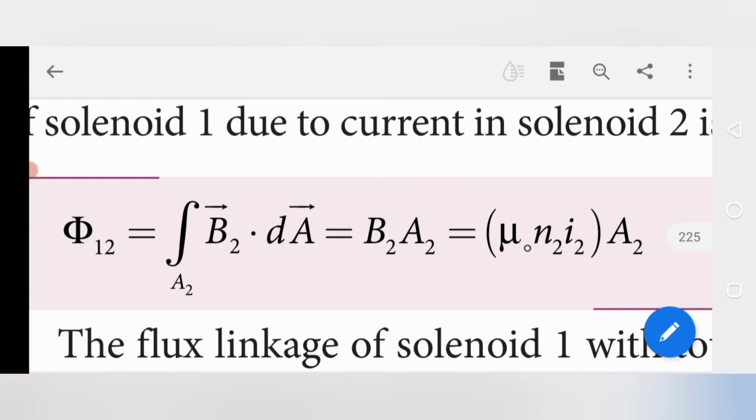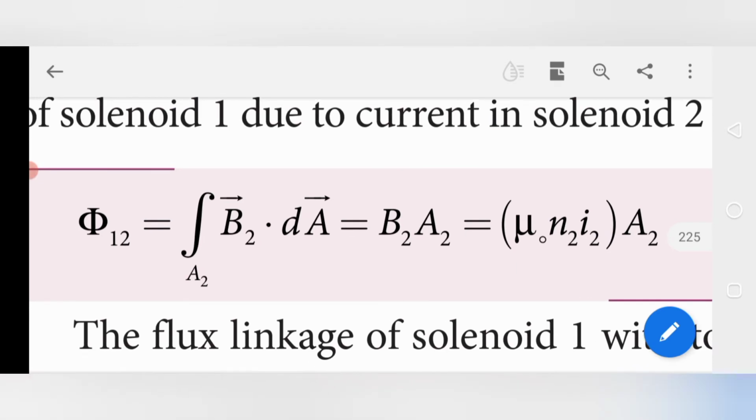We have to take the cross-section area of solenoid 2, not the cross-section area of solenoid 1. So the magnetic flux Phi 12 is equal to B2 dA, which is equal to B2 A2.